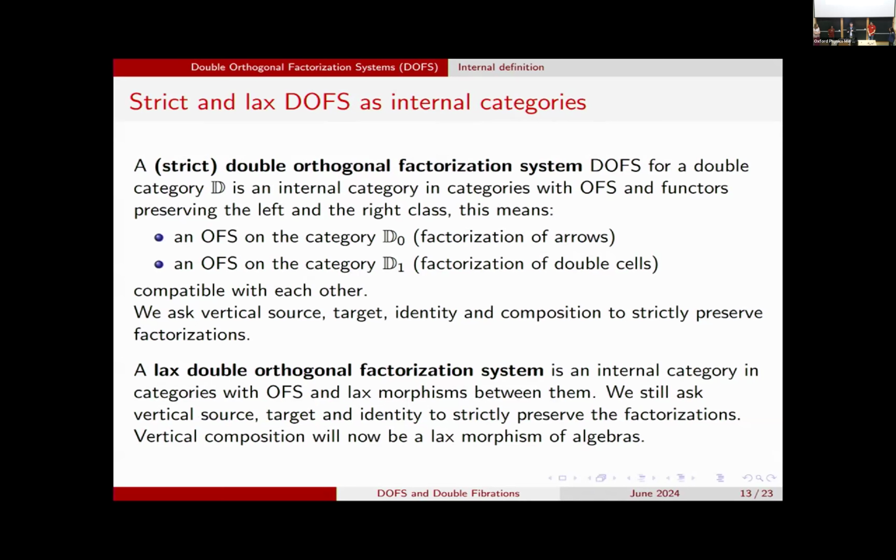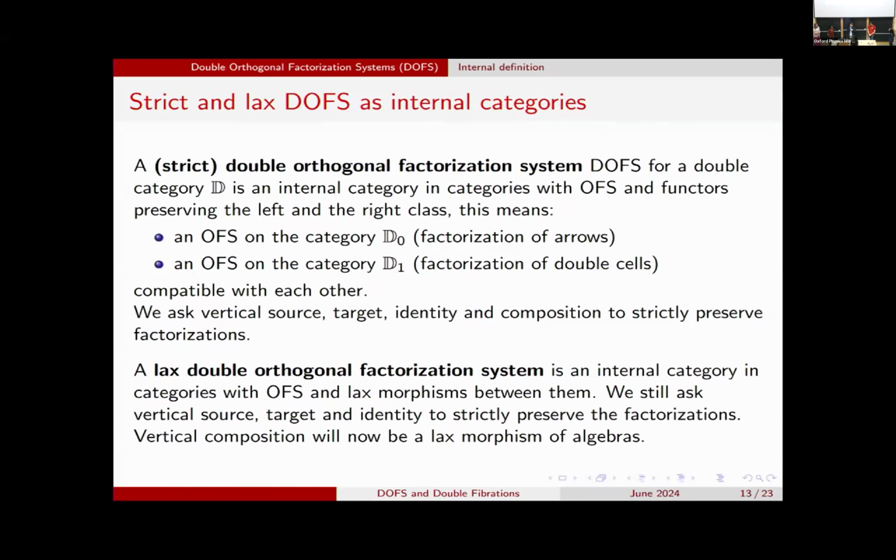And we take a category object in this, an internal category, to obtain a double orthogonal factorization system. This is the same line of thinking where one might define a double category as a category internal to the category of categories, CAT. In this case, we are defining it internal to the category of categories equipped with a factorization system. And we require that vertical source, target, identity, and composition are able to strictly preserve the factorizations.